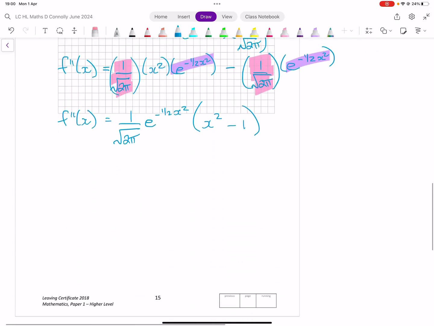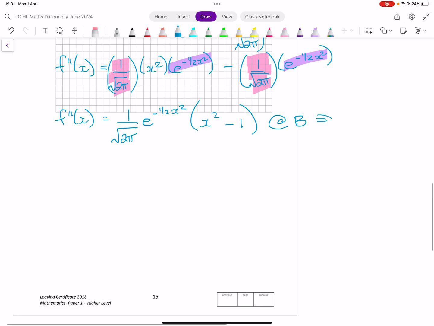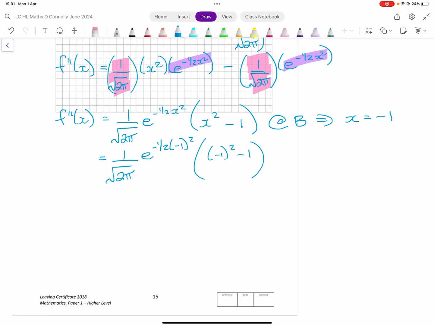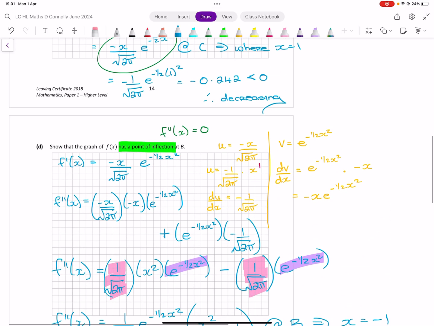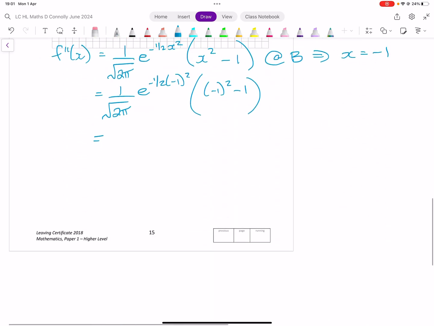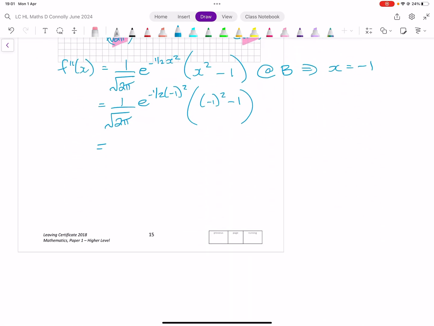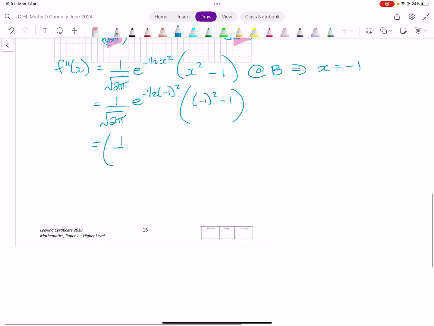At B, x is minus 1. So 1 over the square root of 2 pi e to the minus a half times minus 1 squared, times minus 1 squared minus 1. We're hoping that the second derivative equals 0 for the point of inflection. So 1 over the square root of 2 pi doesn't make any difference.